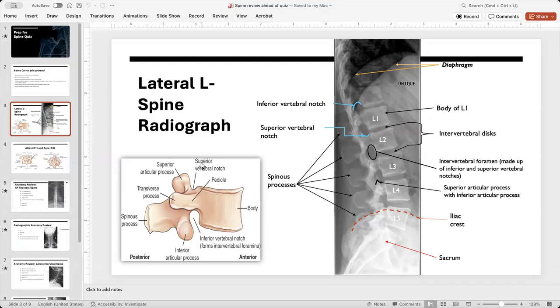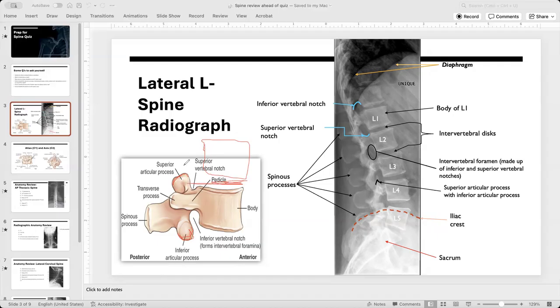Okay, we talked about in class that you can't really see the Z joints on this X-ray, but that the Z joints are made up of the superior articular process, which is here on an L-spine vertebrae, and the inferior articular process. So if we imagine, we have this vertebrae, say we have a vertebrae above it, there's the body of it, here's our little disc space.